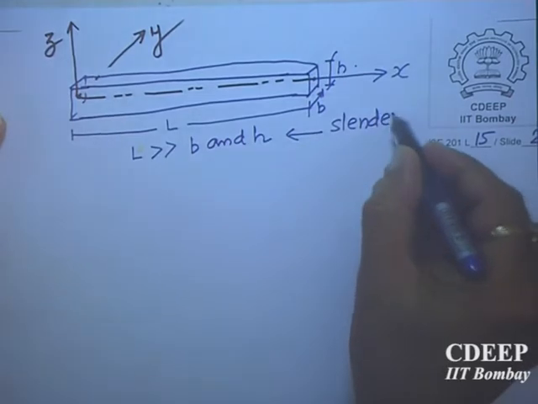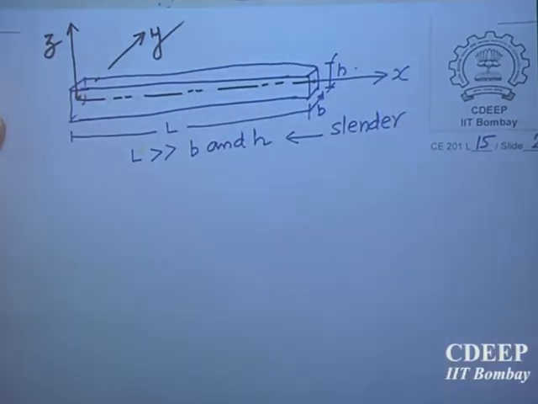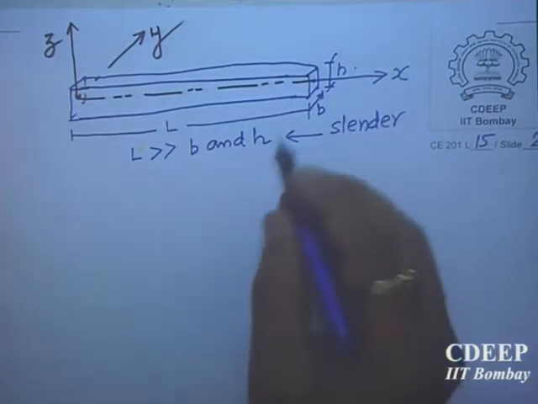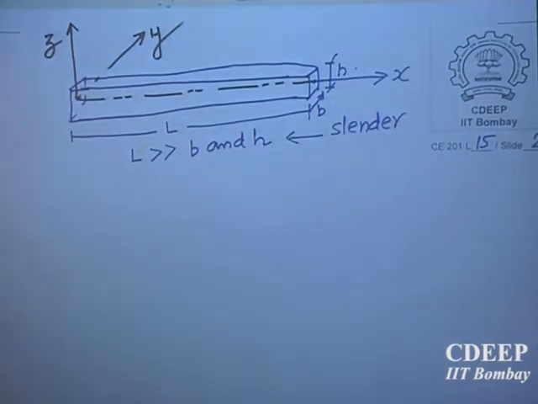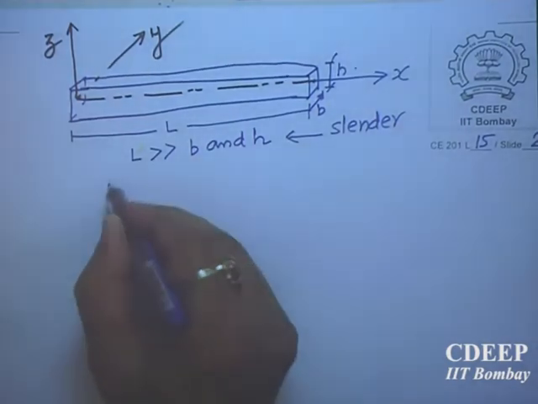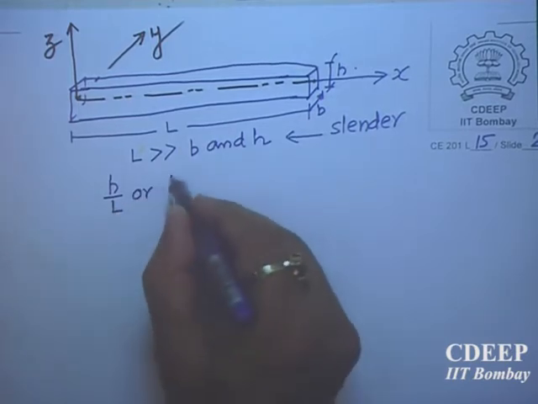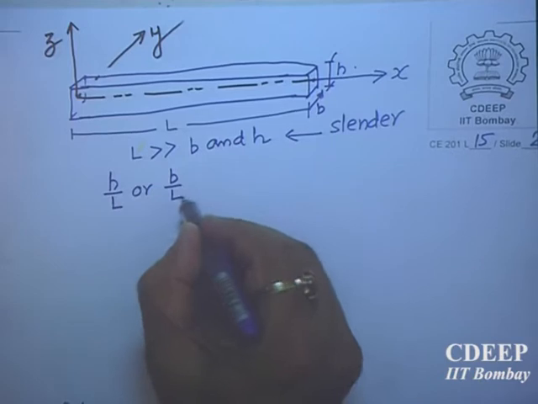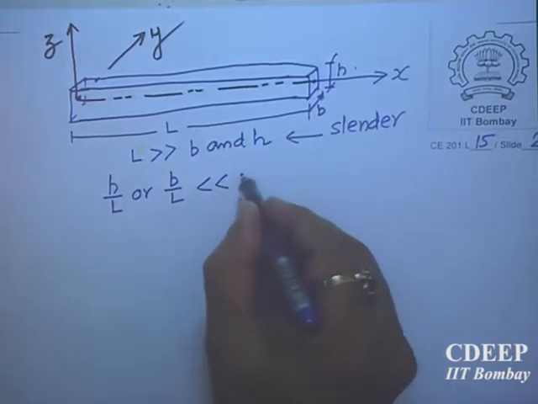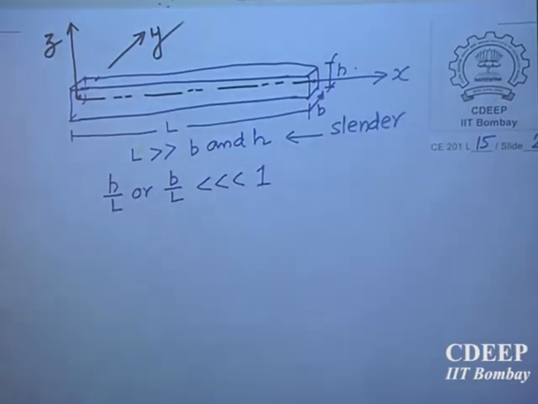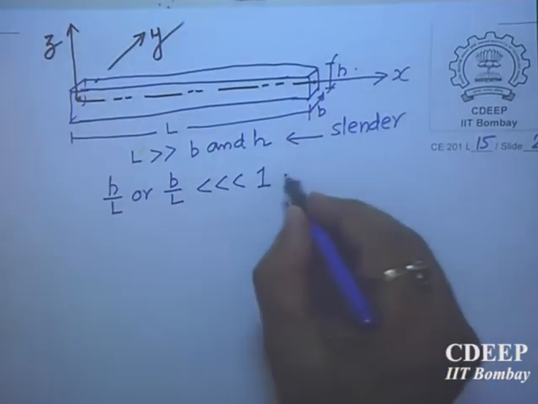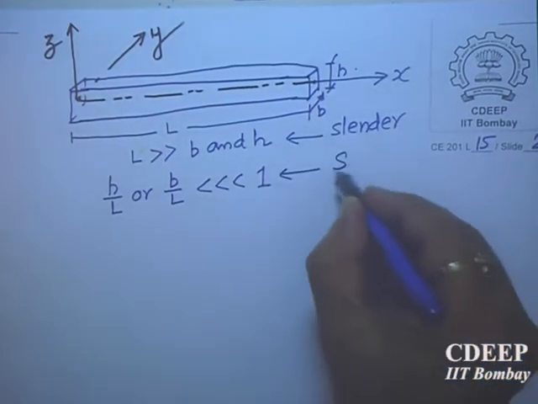Another way to define cylinderness is the ratio of two dimensions. I will say that H by L or B by L is very, very small compared to unity. Then also I will say yes, it is slender.